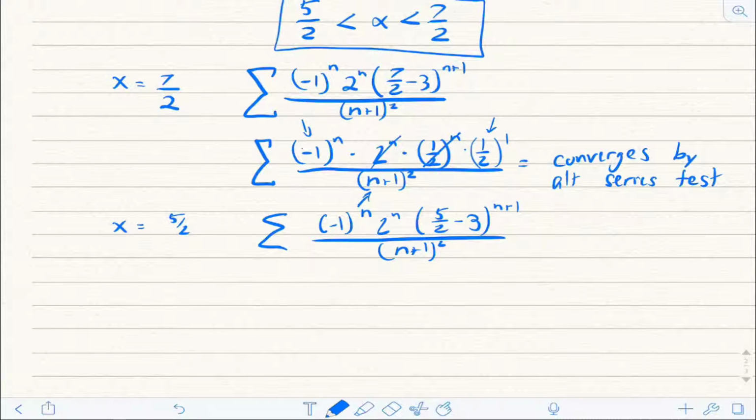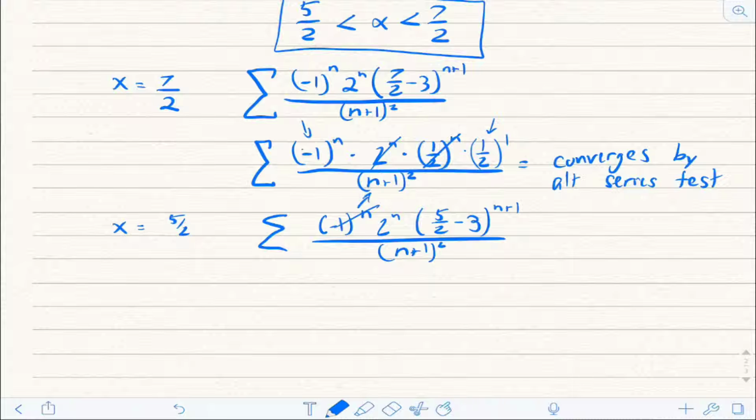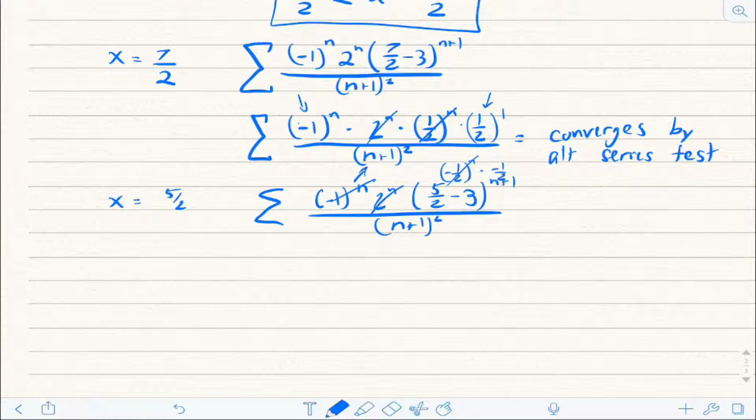Most of you will probably figure out that this is going to cancel with some of the values in here, because this is going to end up giving you (-1/2)^n times -1/2. So this is going to cancel with the (-1)^n power and then the 2^n. So that's also going to cancel out. What I'm left with ultimately is the sigma notation of -1/2 up top over (n+1) to the second power.